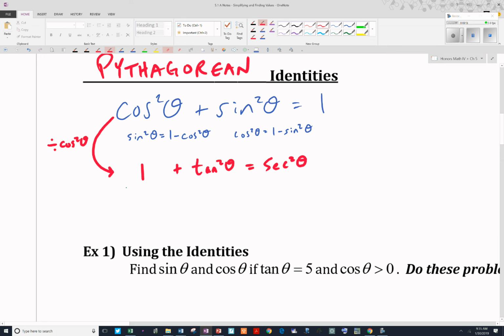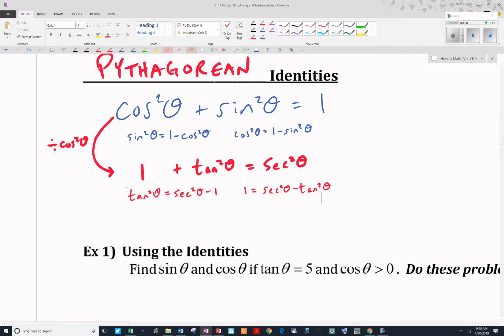So that's our second Pythagorean identity. And again, we're going to need to know this one in a couple of different forms, possibly solve for tangent. So tangent squared would equal secant squared minus 1. And in some cases, possibly, we might need to know that secant squared minus tangent squared would equal 1.